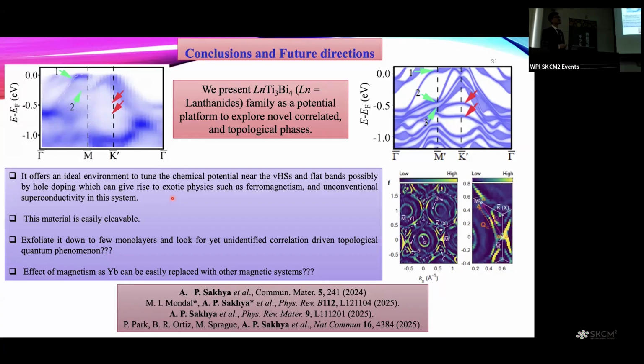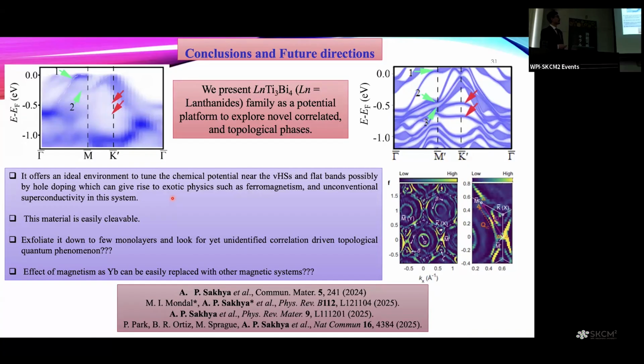The other thing is these materials are very easily cleavable, so you can cleave these materials even with a tweezer. So there may be many groups who are working on two-dimensional materials like thin films, or maybe they cleave the materials and put it on top of another material. So these materials will be very handy because you can easily cleave it. The only problem is it gets oxidized, so one has to work inside a glove box.